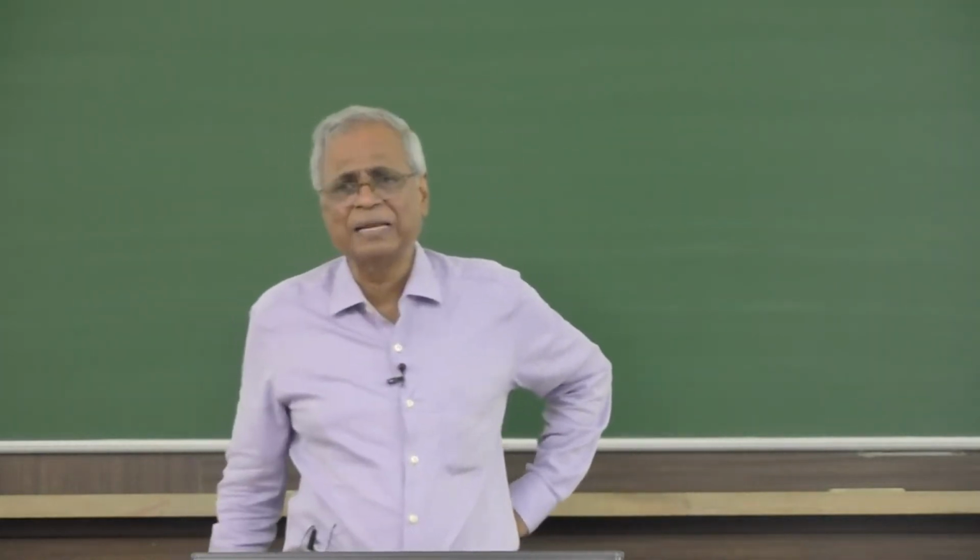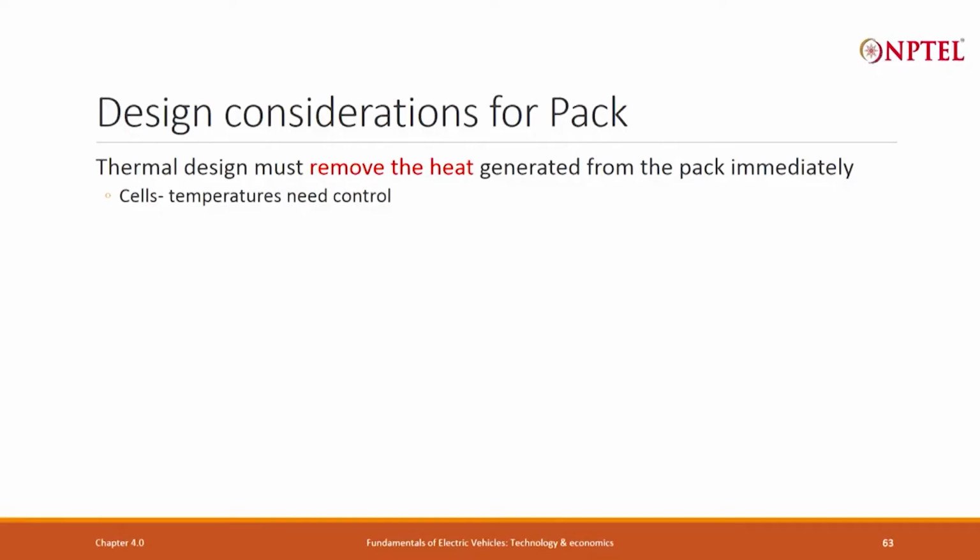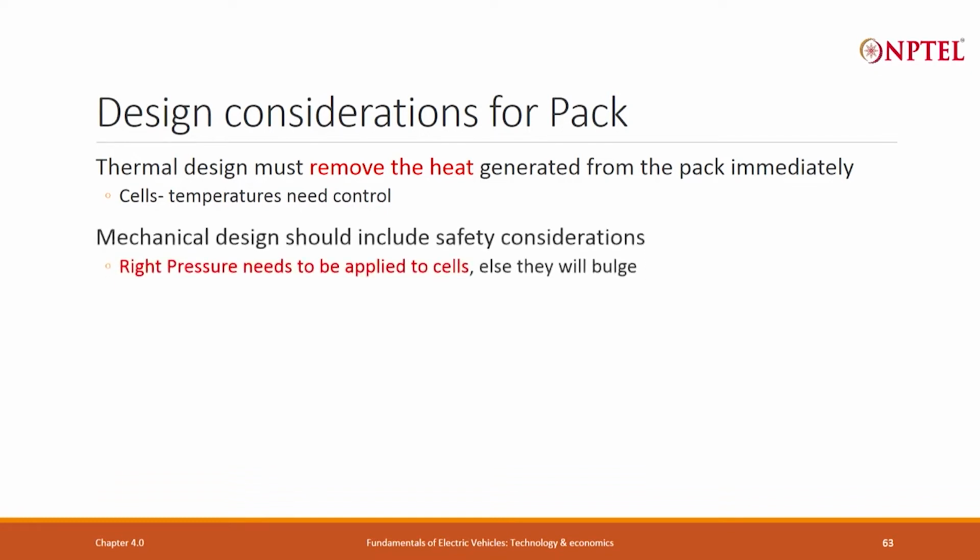So, the basic objective of thermal design is to remove the heat generated from the pack immediately. Ideally, temperature should remain constant, as close to 25 degrees centigrade. Mechanical design is so that cells do not budge and the right pressure is applied to the cells.